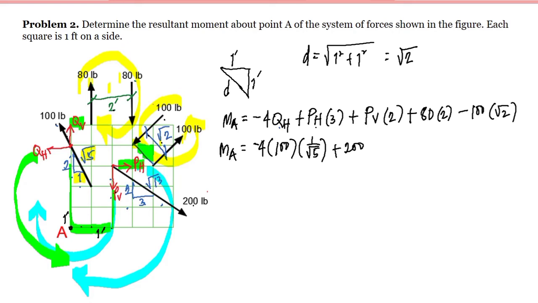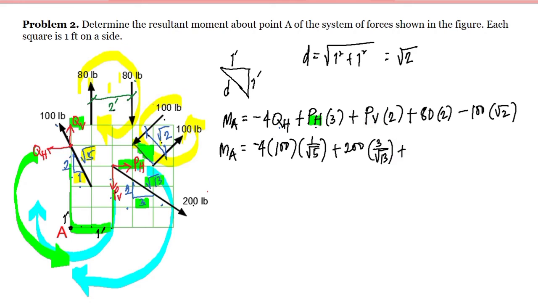And since this is the horizontal component, we are going to take this horizontal component 3 and this diagonal. So we have here 3 over square root of 13.